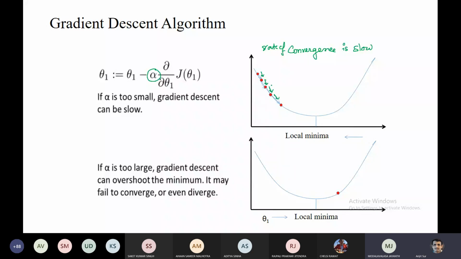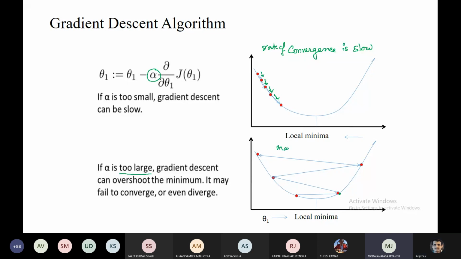But if you make it too large, I'm not saying the optimal, but too large, then it will jump from here to there, and from there it will go here. It's just a kind of dangling thing, some random behavior. It may never converge, or it may fail to converge.